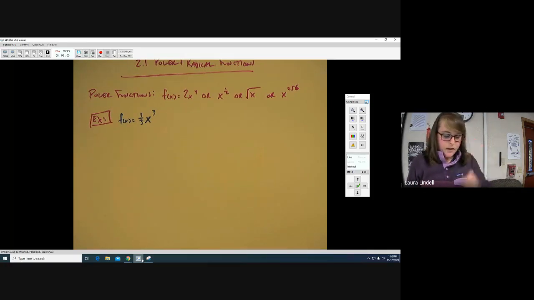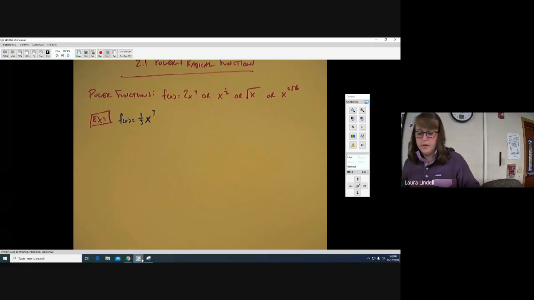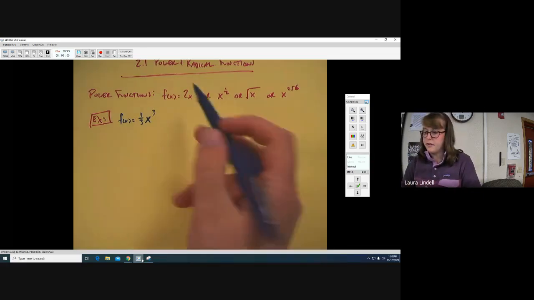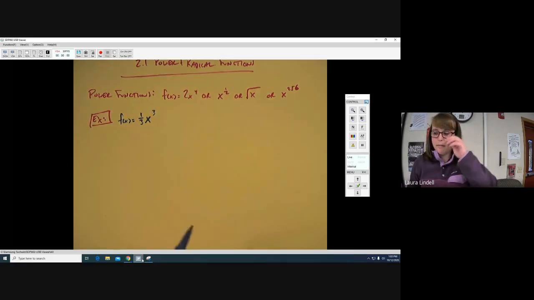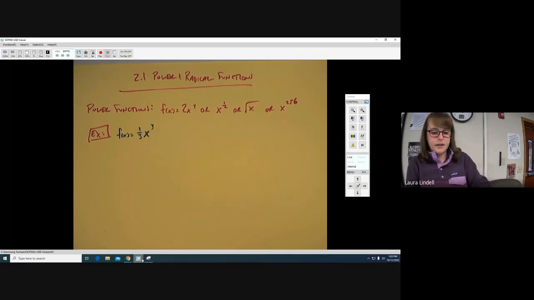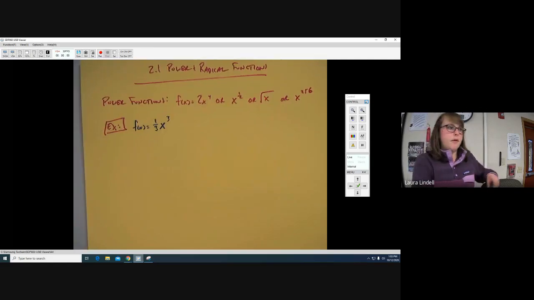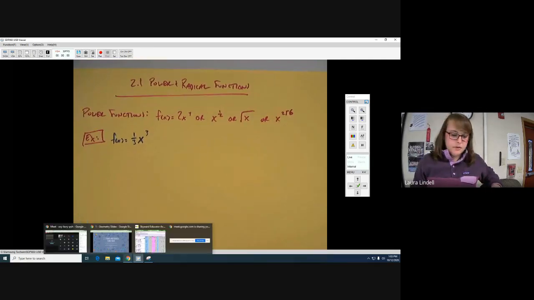Power functions are a broad category, but it encompasses all these radical functions that we'll talk about as well. But this one is not a radical function. It's just a power function.